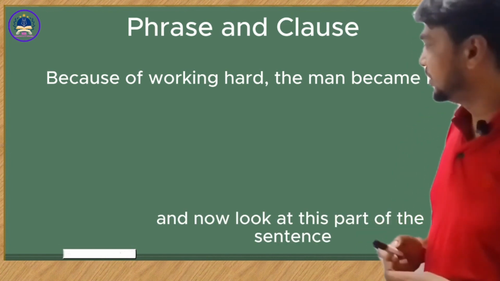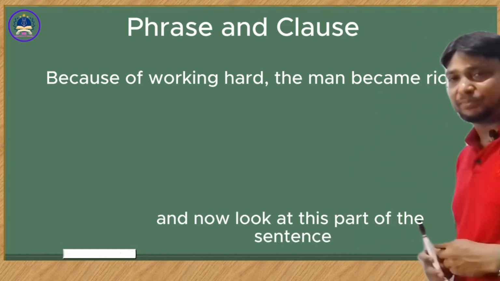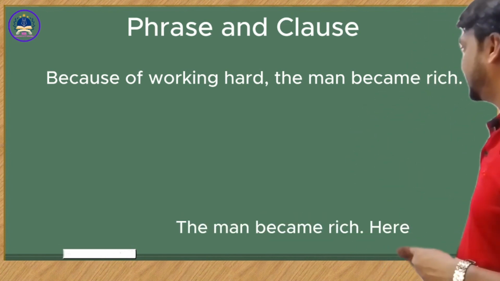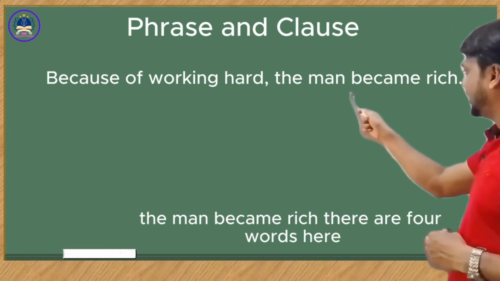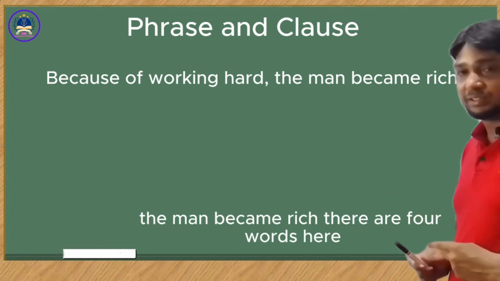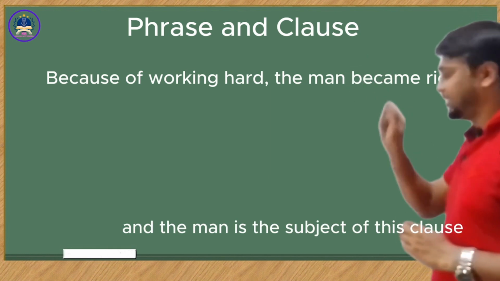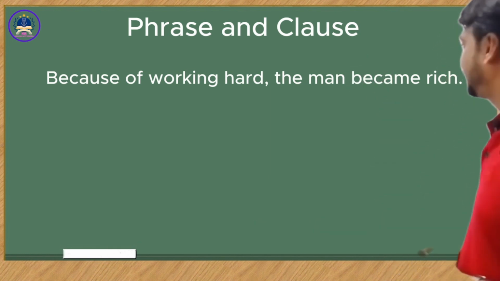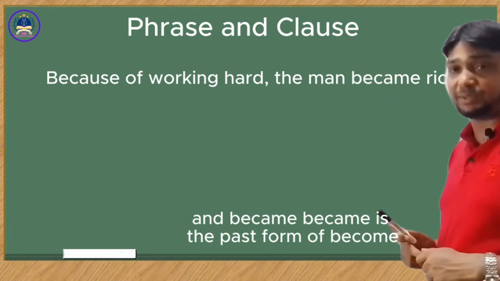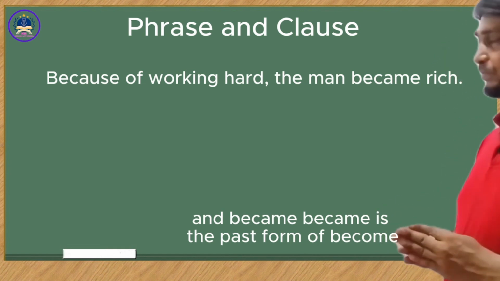And now, look at this part of the sentence. The man became rich. There are 4 words here. And the man is the subject of this clause. And became. Became is the past form of become.